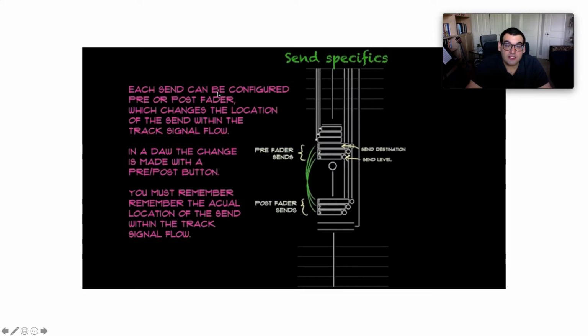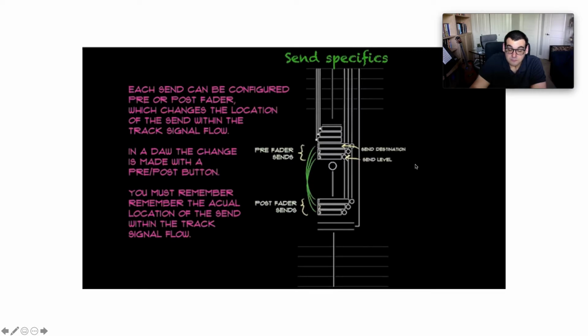So each send can be configured so it comes in before the fader, or it can be controlled post fader, depending on what your settings are. In your DAW, this change can be made with a pre or post button, and usually those buttons are located either before the fader, because remember, the signal is coming in from the top, going through and out this way.